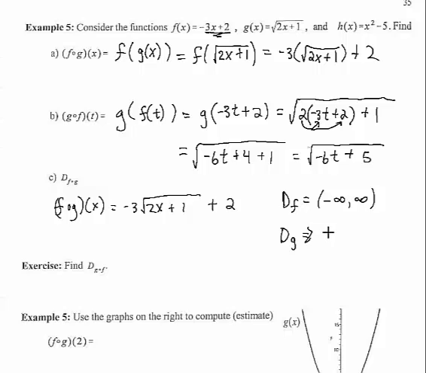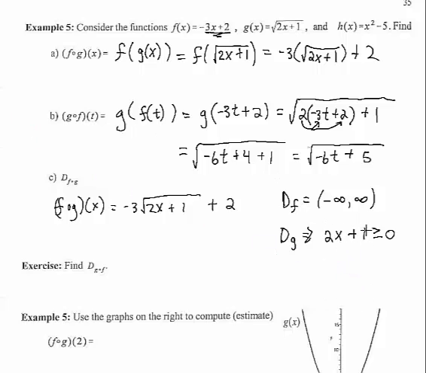So for g itself, we would write 2x plus 1 is greater than or equal to 0 to express the domain. Well, we can do a little bit of work to this and find out specifically what x is related to, solve the inequality.